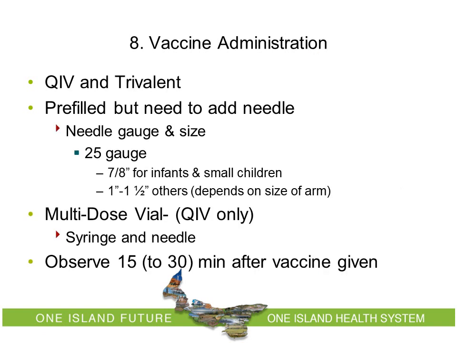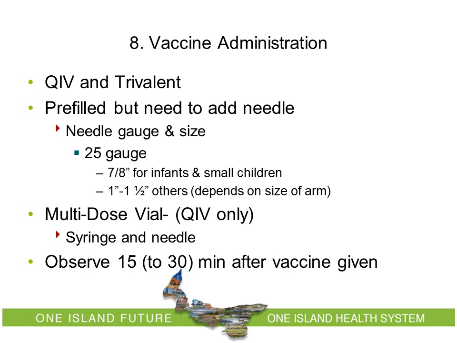The QIV and trivalent vaccines are both available in a pre-filled syringe, but the pre-filled syringes will need to have a needle added. The needle gauge and size is dependent on the recipient. 25 gauge for everybody, 7/8 inch for infants and small children, and 1 inch to 1.5 inch length for all others depending on the size of the arm.